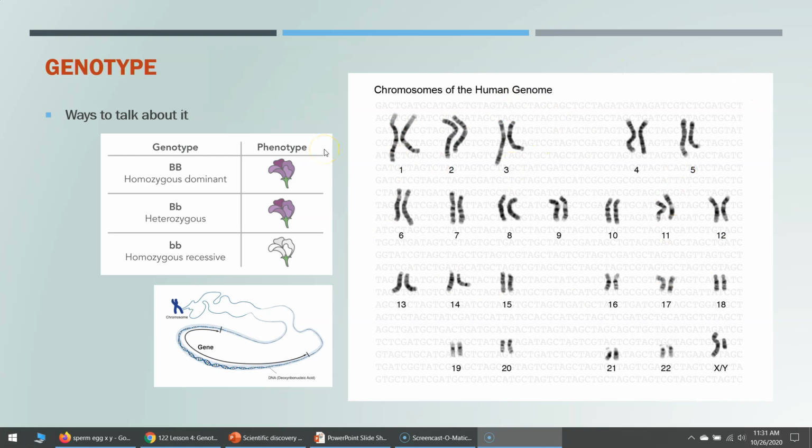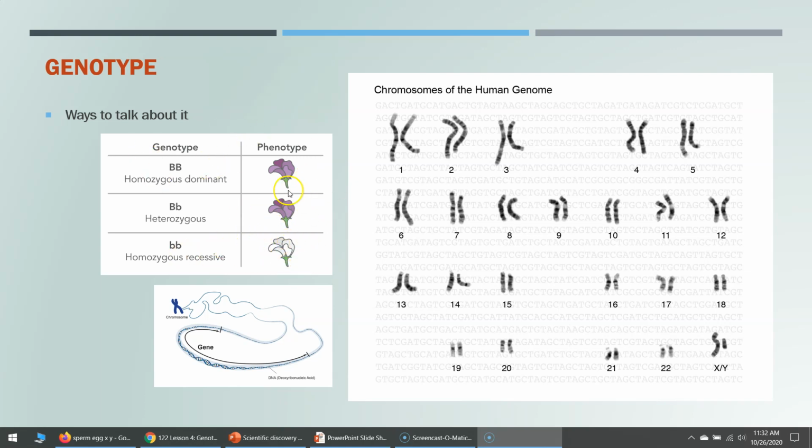And the last way that we talk about genotype, which you might have heard about before when you've done Punnett squares or something similar in a previous class, is that we write letters for it. So in this pea plant, the purple flowers are dominant to the white flowers. So there's 3 different genotypes that a pea could inherit, and 2 of those genotypes will code for purple flowers, and then one of them will end up having white flowers.